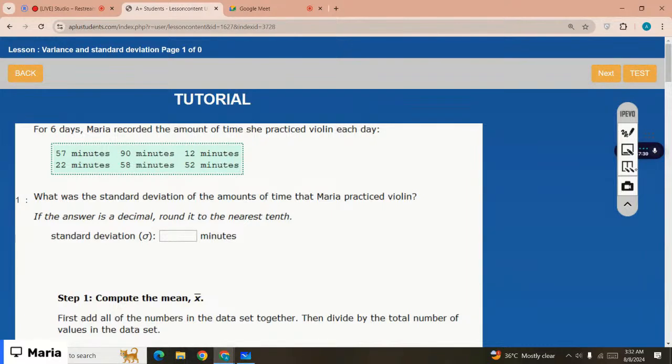Maria recorded the amount of time she practiced violin each day.